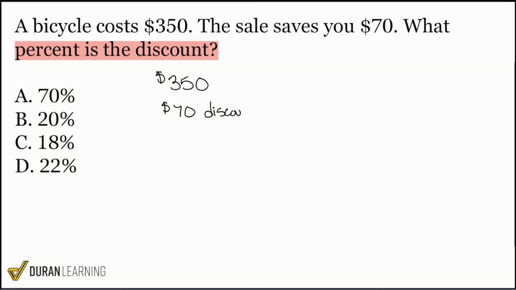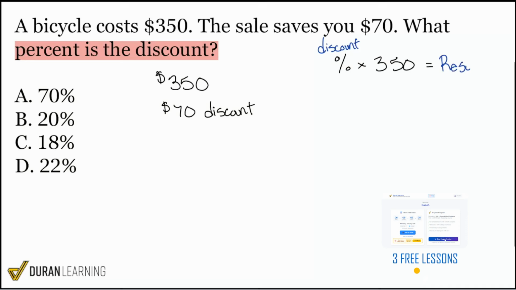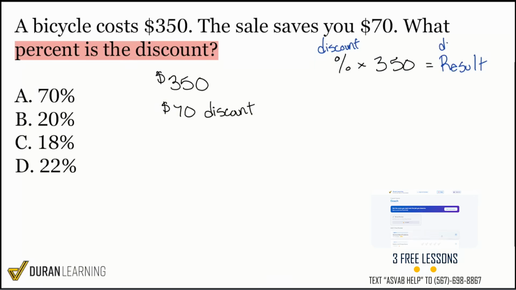discount. So to get the percent discount, we need to understand that formula. When we plug in the percent and we multiply by that 350, well, guess what? If the percentage that we are applying just so happens to be the discount, the result that you get will be the discount.